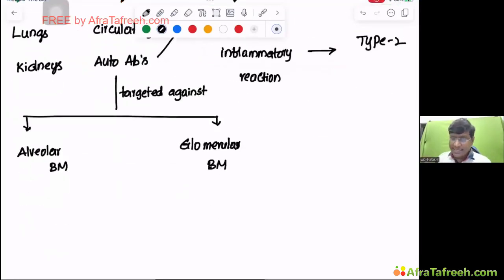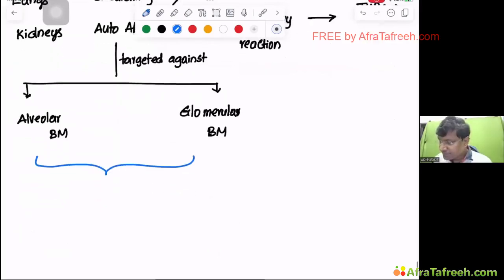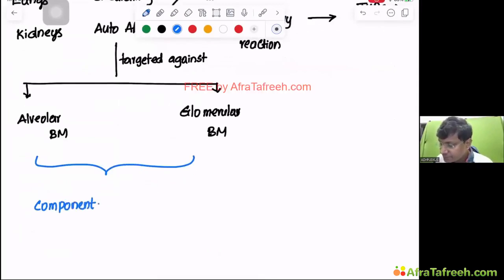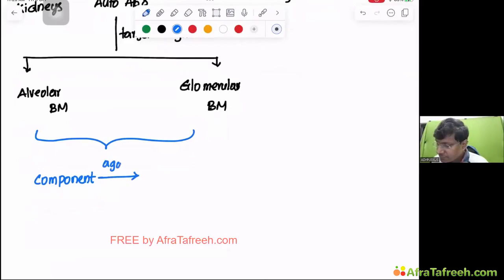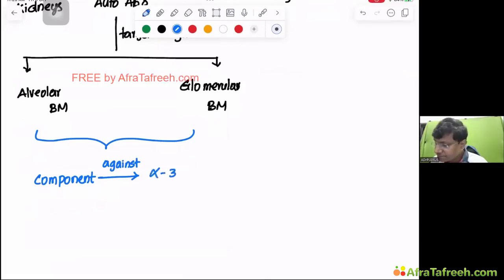Now, I told you these antibodies are targeted against the alveolar and glomerular basement membrane, but they are targeted against which component of the alveolar or glomerular basement membrane? Remember, they are targeted against the alpha 3 chain of type 4 collagen.